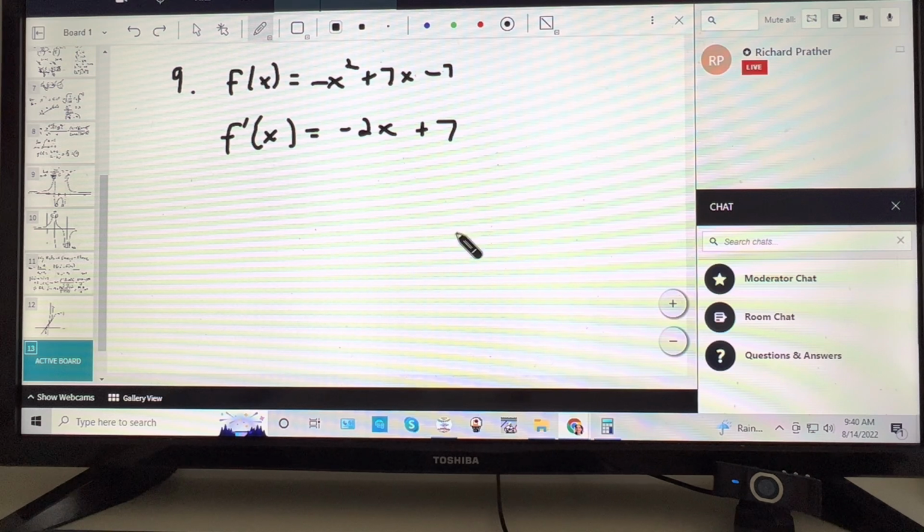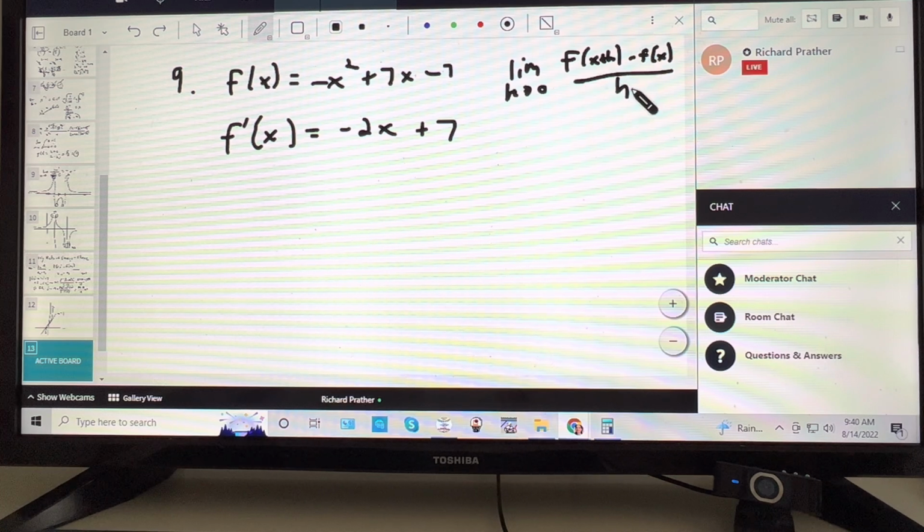Instead of going through the whole limit as h approaches 0, f of x plus h minus f of x all over h. And that's what problem number 1 was getting at too, is doing this is the main body of the derivative definition. Once you add the limit to it, then you have derivatives.